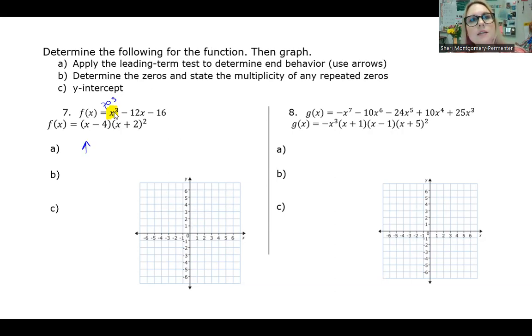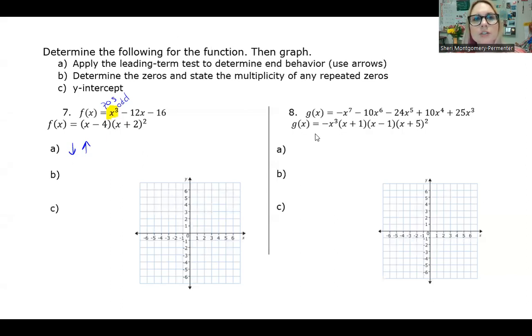And then is it even or odd? Even. 3 is odd. Odd means that they go in opposite directions, so the left one goes down. Those are my arrows. If I have to put it in limit form, I can easily put the right and the left arrow. Let's do the same one over here.